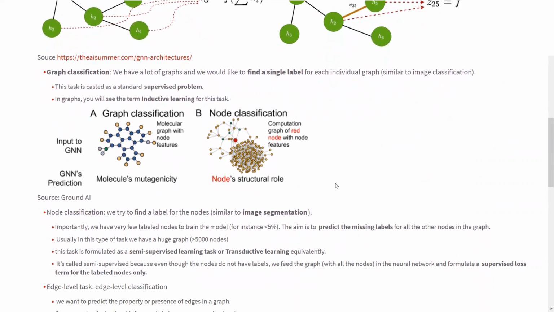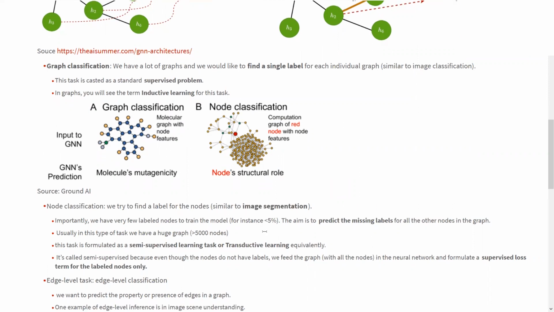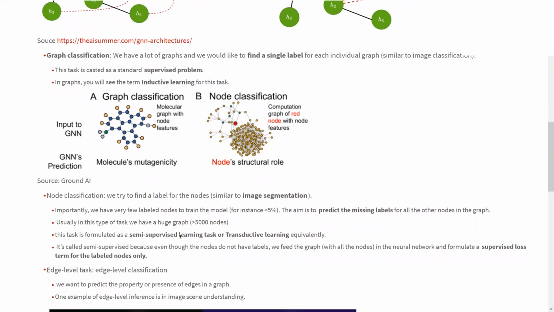Node classification is like image segmentation and is semi-supervised. We focus on the same net structure, with some nodes as training points and other parts as test points, so we want to predict the rest of the points of the net.